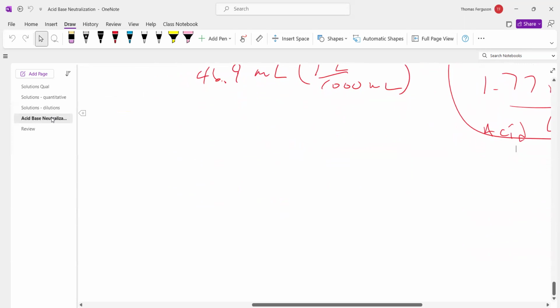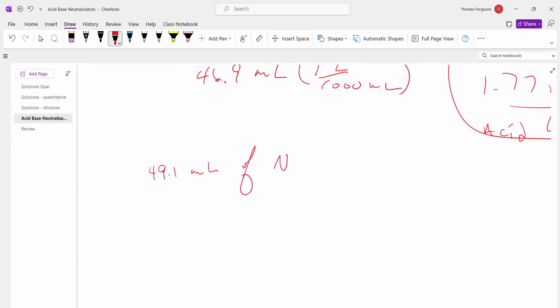So let's say here we have 49.1 milliliters of 1.31 molar sodium hydroxide.